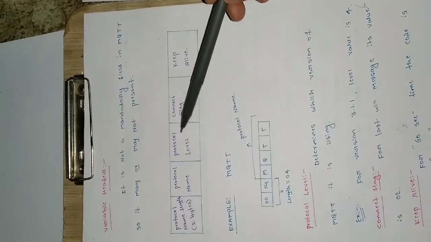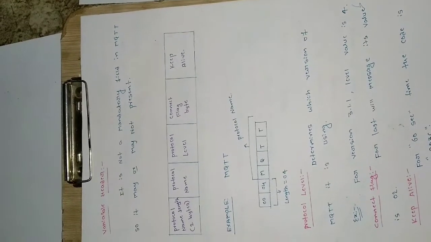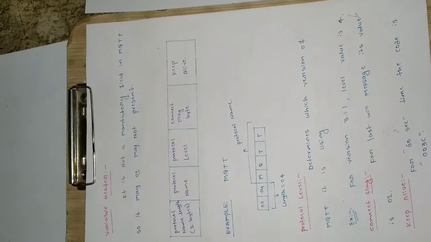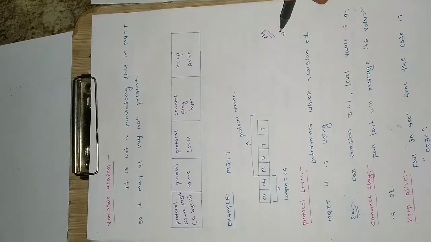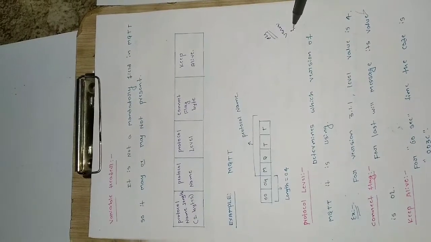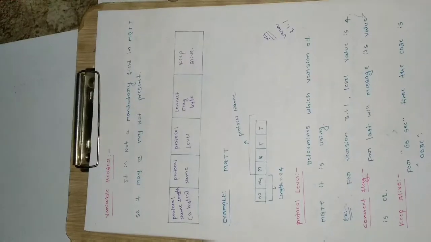Similarly, the protocol level is where the version of MQTT comes into the picture. If you are using MQTT version 3.1.1, then the code for that is 4. So 4 indicates version 3.1.1. Similarly, for 3.1 the code is 3.